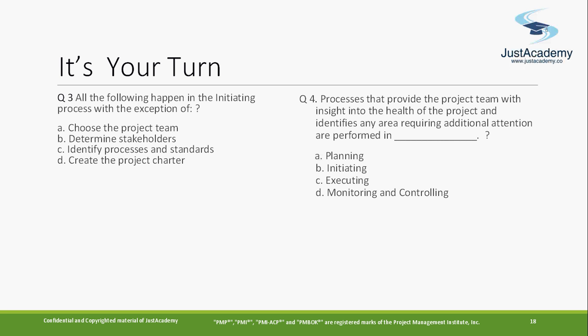Option A. That's really good, because you don't choose the project team at the very start. We have only two processes: develop project charter and identify stakeholder. So you don't choose who is going to work on your team. That is part of the executing process group, and during planning you also plan what team will be there. But this is not part of the initiating process group.